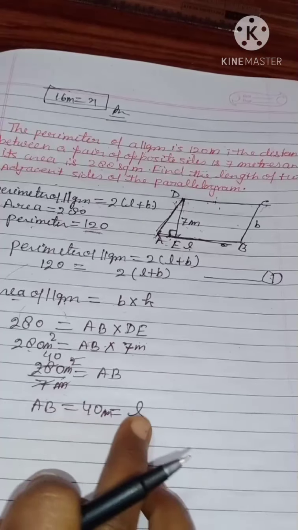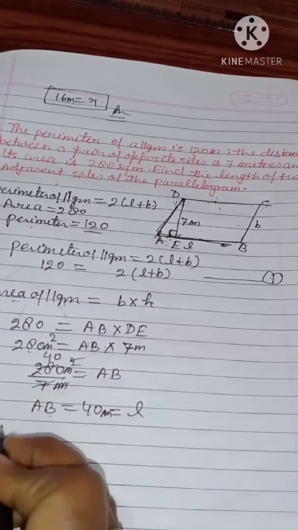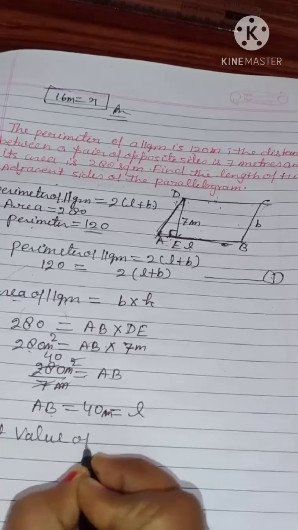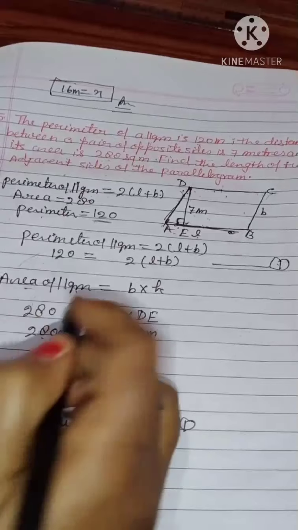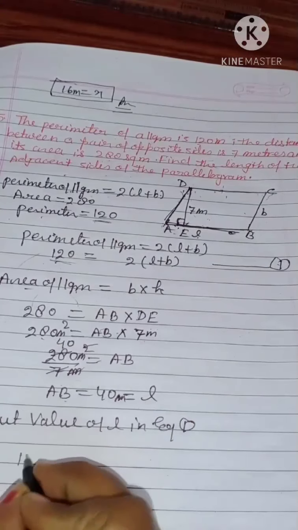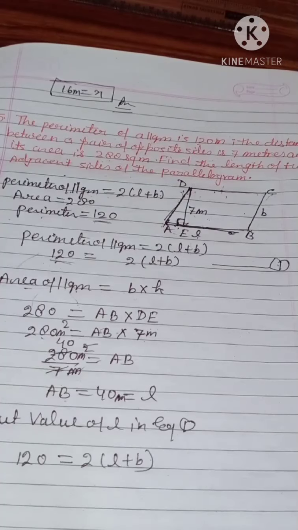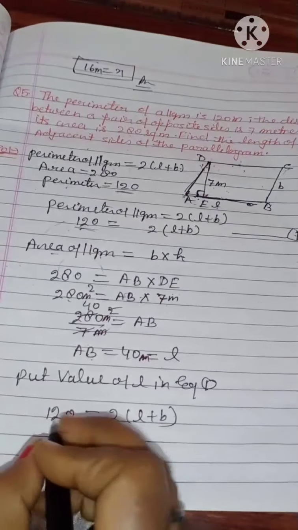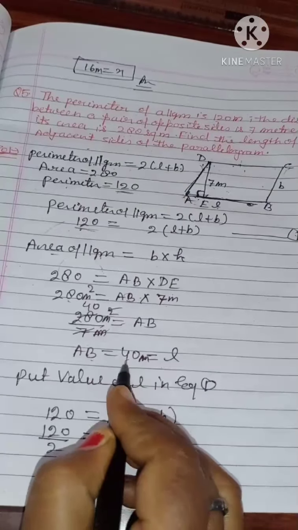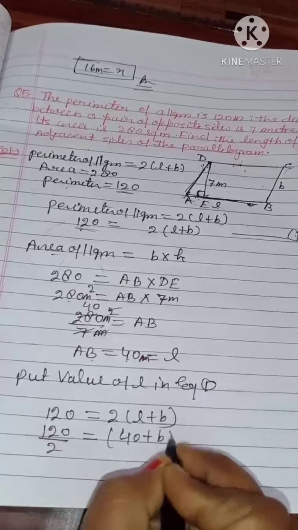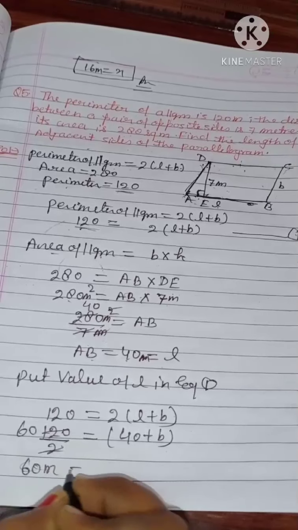Now put the value of L in equation number 1. We have framed one equation, that 120 is equal to 2 into length plus breadth. So 120 divided by 2 is equal to 40 plus breadth, so it will come equal to 60. 60 meter is equal to 40 plus breadth.